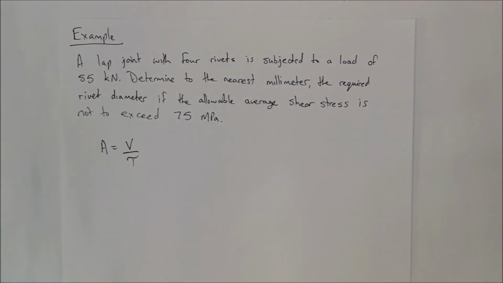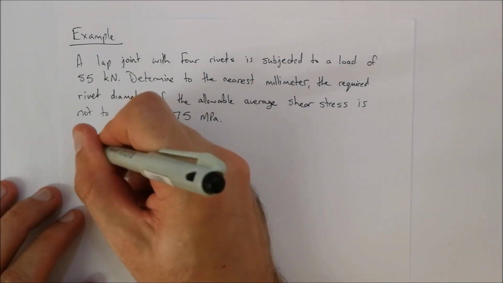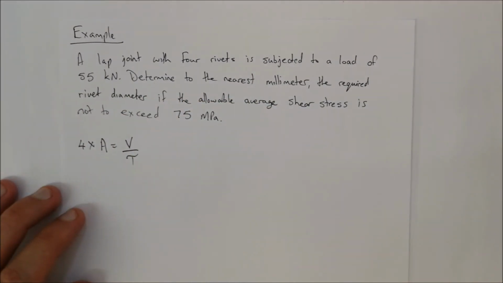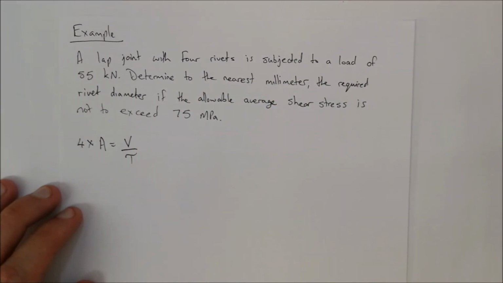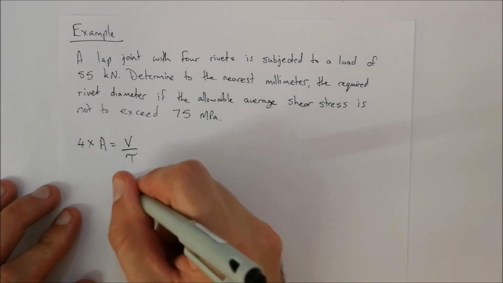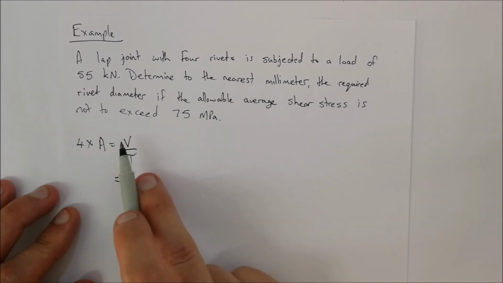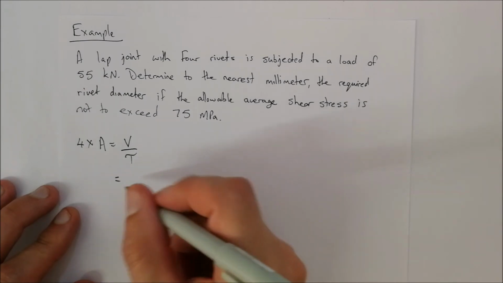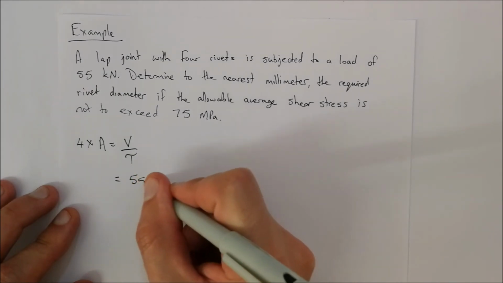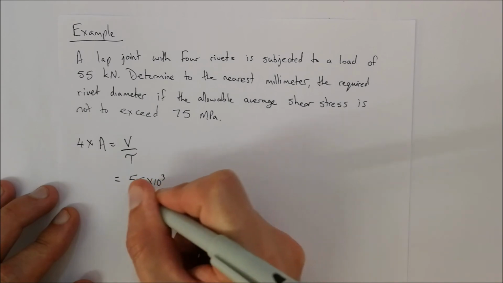The thing is though, if you look at the area, it's 4 rivets in the lap joint. So in other words, there's 4 times the area that we are working with, so we've got 4 times over there that we need to take into account. Okay, and we know that our load, which is V, is 55 kilonewtons, so that's 55 times 10 to the 3.